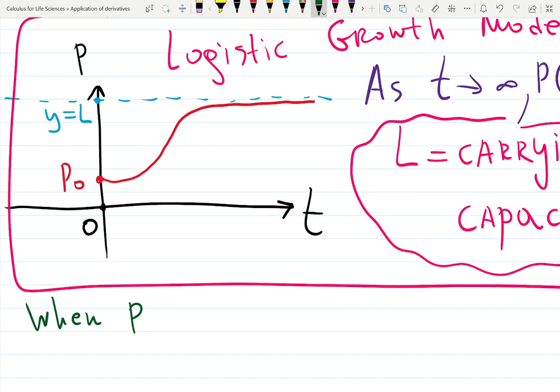When P is small, so like over here and here and here, it grows very fast, exponentially.